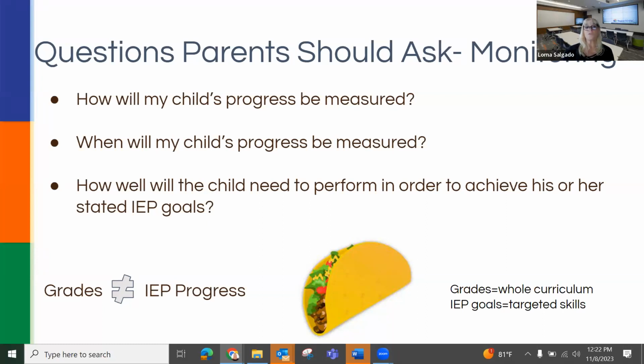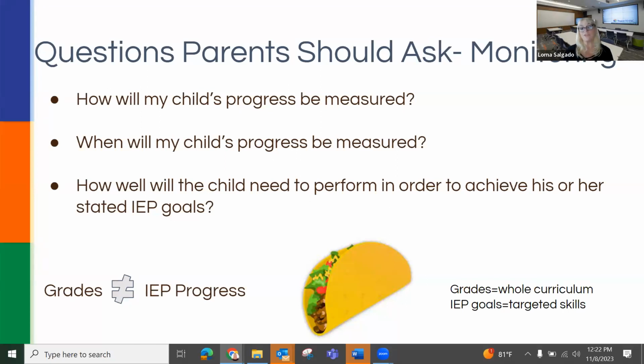That's the most critical thing. So the taco picture is on purpose. Grades are the whole taco. It's everything your child does all day. IEP progress are pieces of that. It's the meat or the lettuce. So that's IEP progress are a targeted piece of that curriculum if we're talking about academics. We also remember have lots of goals that are functional.